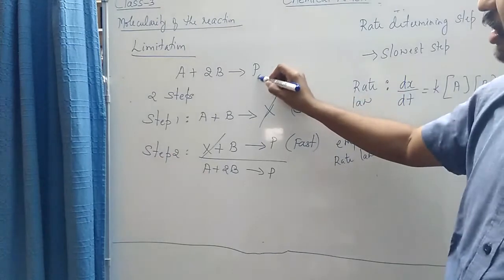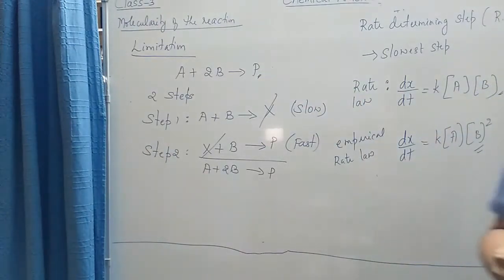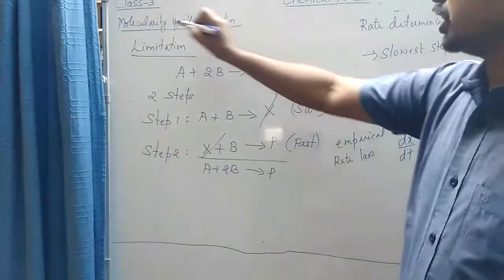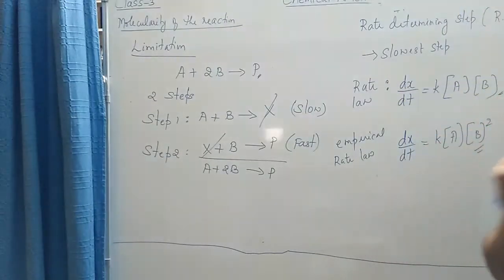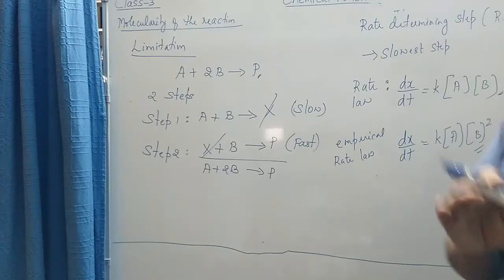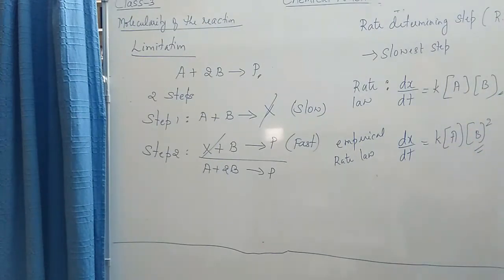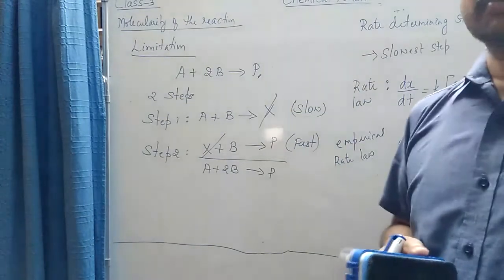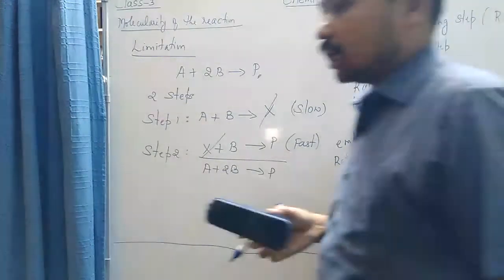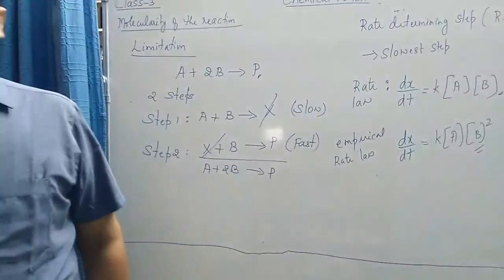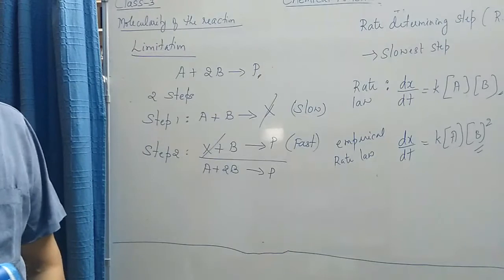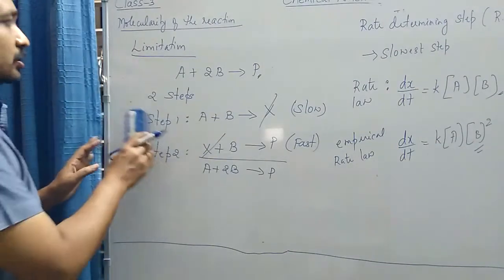Suppose this reaction proceeded in a single step, then molecularity would have predicted the correct rate law, that is, three concentration terms affect the rate of the reaction. But in most cases, since more steps are involved in a chemical reaction, it is very hard to find out exactly how many concentration terms are affecting the rate of the reaction.